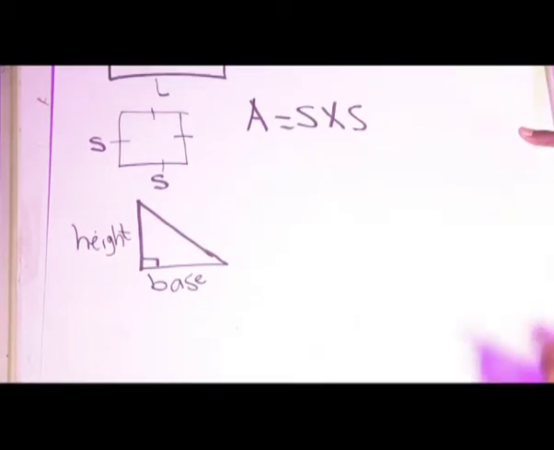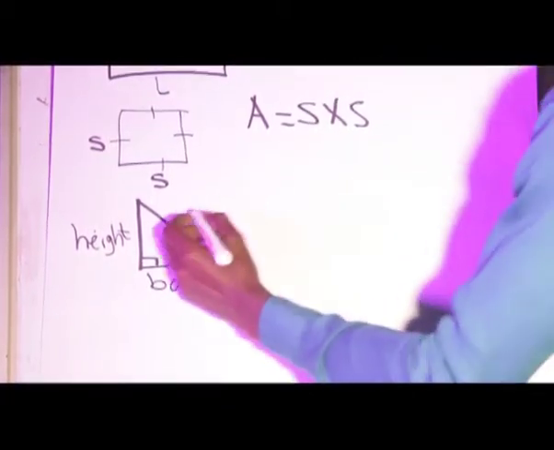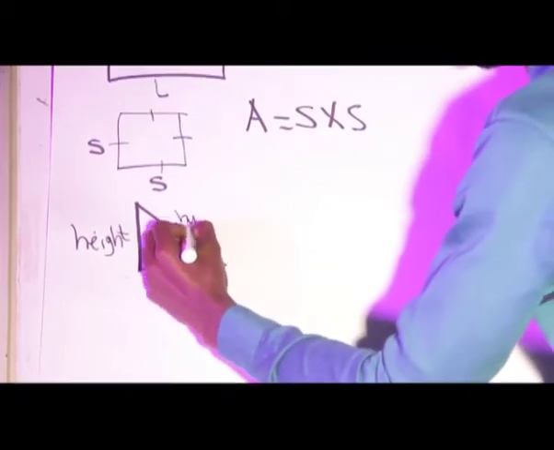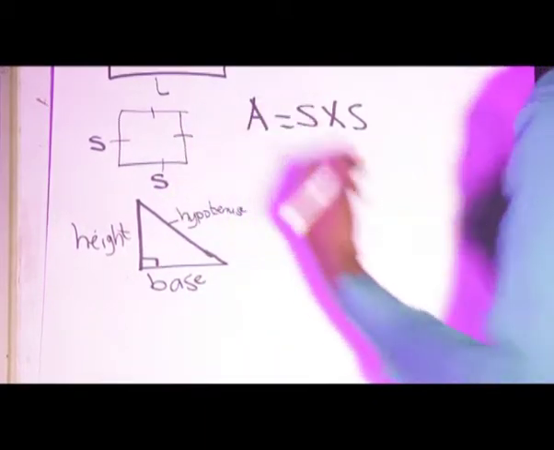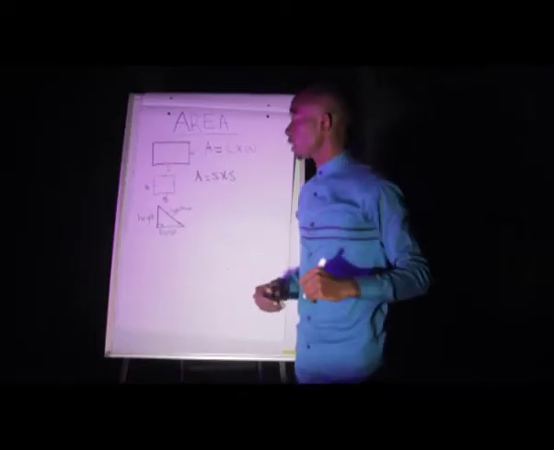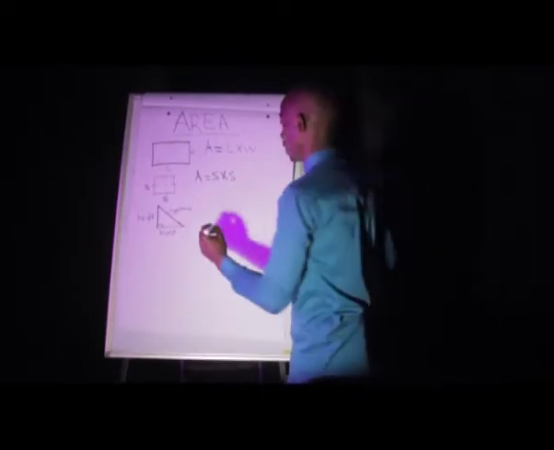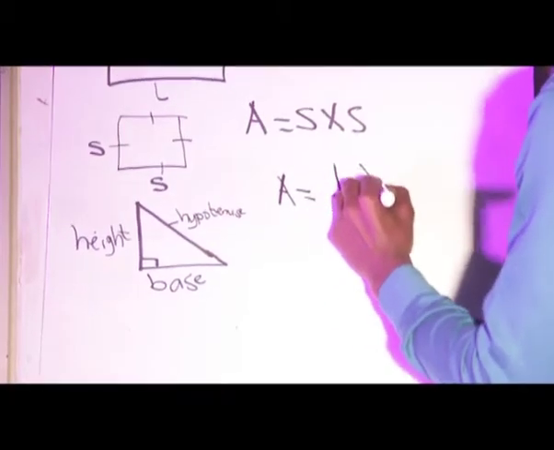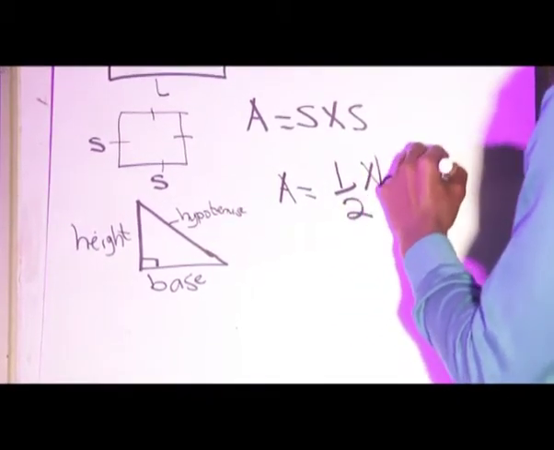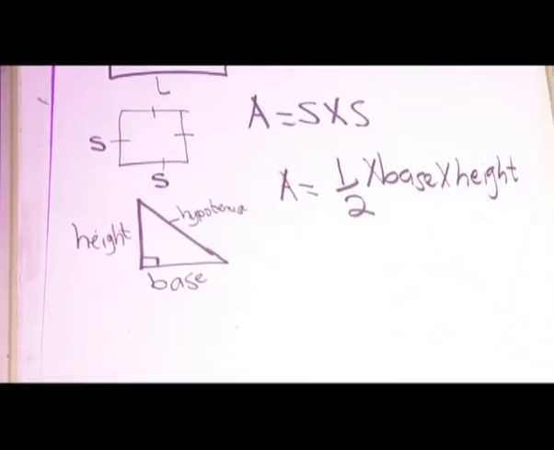Then this other long side, the longest or slanting side, is what we call the hypotenuse. Now when we are looking for the area of a right-angled triangle, the area is equal to a half times the base times the height. In other words, area is equal to a half times base times height.